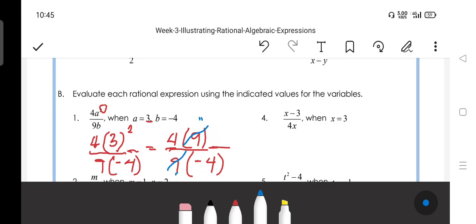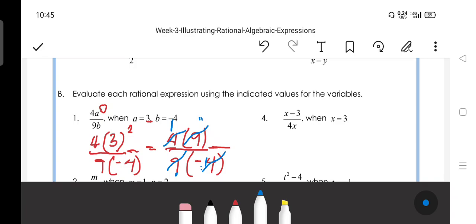The variables rather, become 1. And we have 4 and -4 here. So cancel this out. Okay? You have to take note, we still have negative here. So we have here 1 and we have here -1.